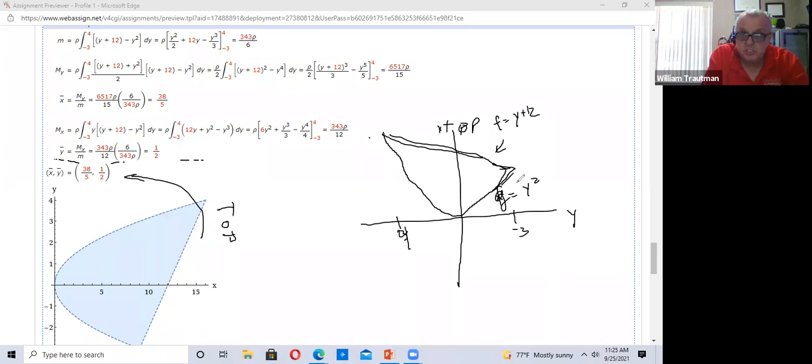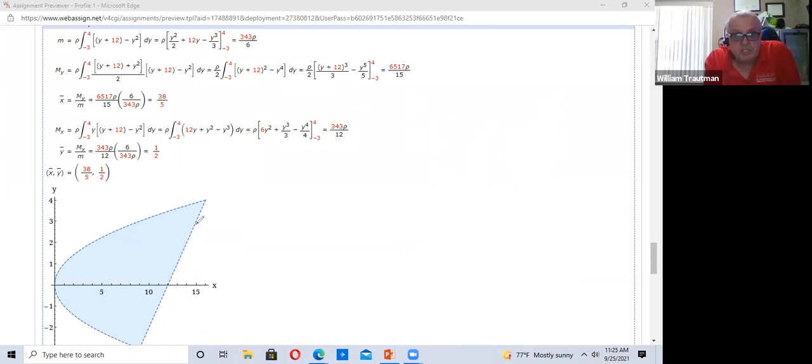So function g is y squared. So we're going to do the top function minus the bottom function. Here's the top, and then we subtract the bottom part to find the area in here. It's top minus the bottom.